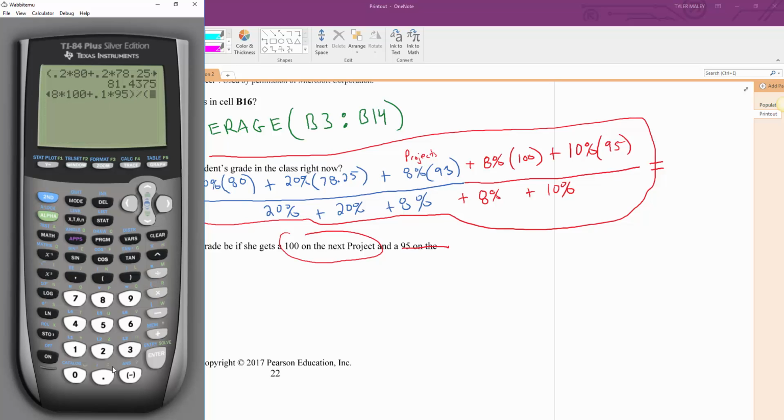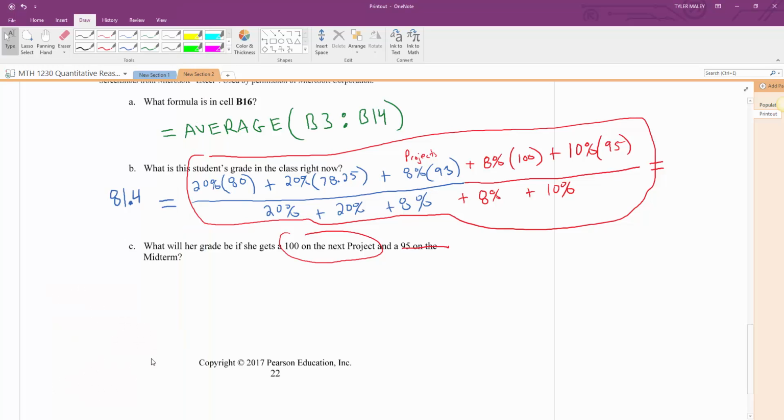And this would be divided by 0.2 plus 0.2 plus 0.08 plus 0.08 plus 0.1. And we get 85.7. So for this last part, you should get approximately 85.7.